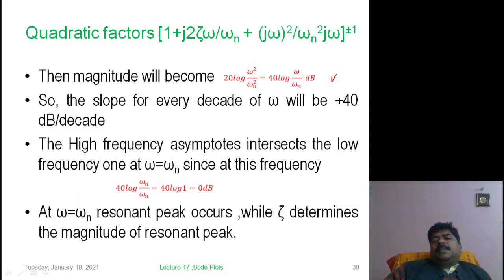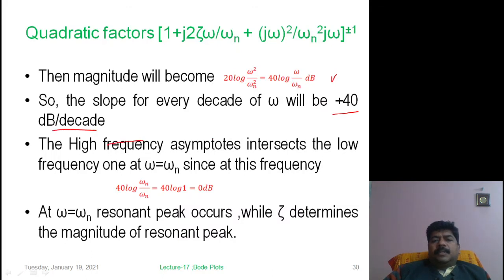If we change in order of decades, say omega equal to omega n, that gives 0 dB. If omega equal to 10 omega n, that gives 40 dB. So the per decade change contributes a slope of 40 dB per decade.